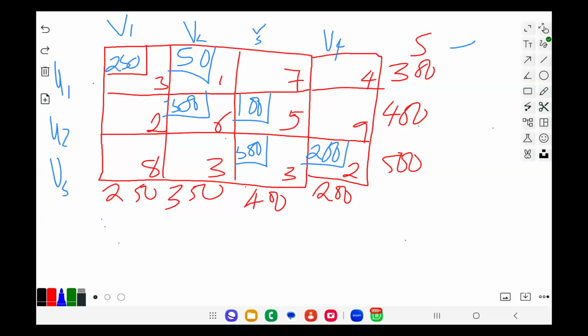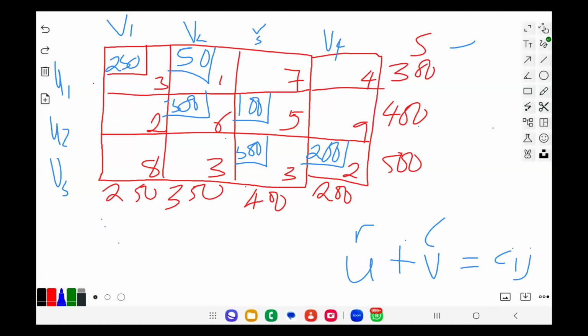You're following? So now the condition is that the row and the column should follow nicely, which will make Ui plus Vj equal to Cij. Now Cij is the cell number, the number that is allocated in the cell.